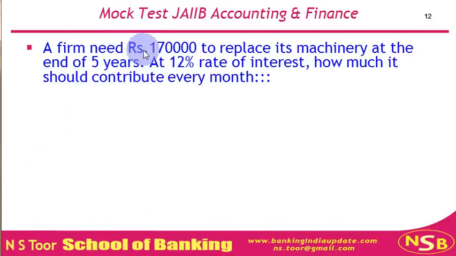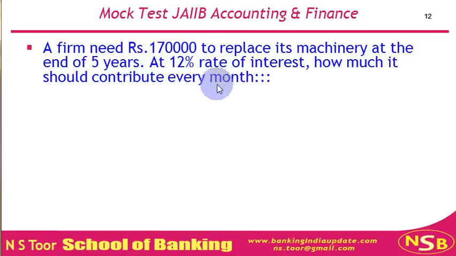A firm needs rupees 1,70,000 to replace its machinery at the end of 5 years. At 12% rate of interest, how much should it contribute every month? Friend, this is a question which involves annuity and sinking fund.